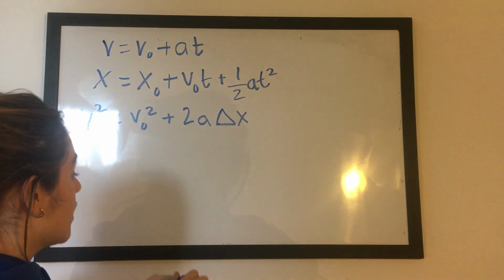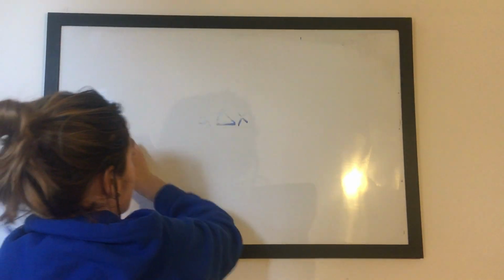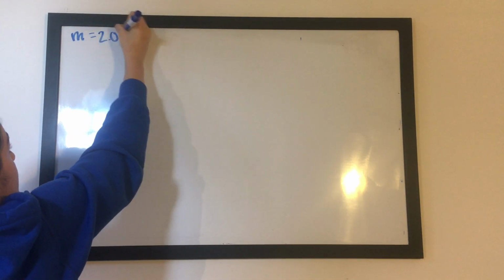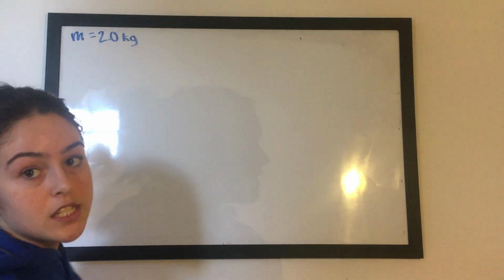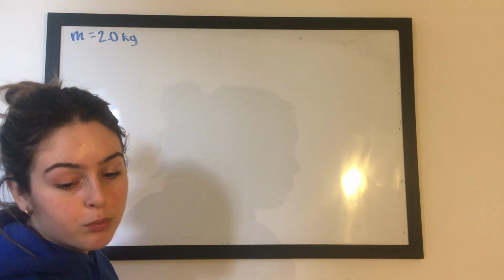What we are given in this problem is that a ball of mass 2.0 kilograms, I'm going to write small for this one so I can get as much all in one board, is thrown vertically upward from the top of a building.